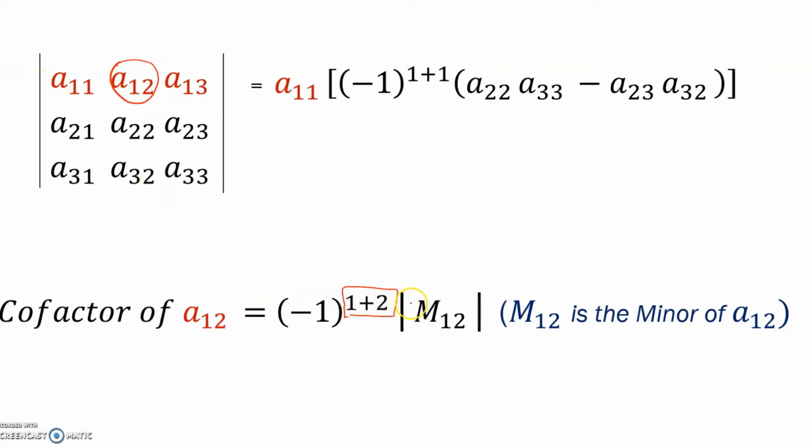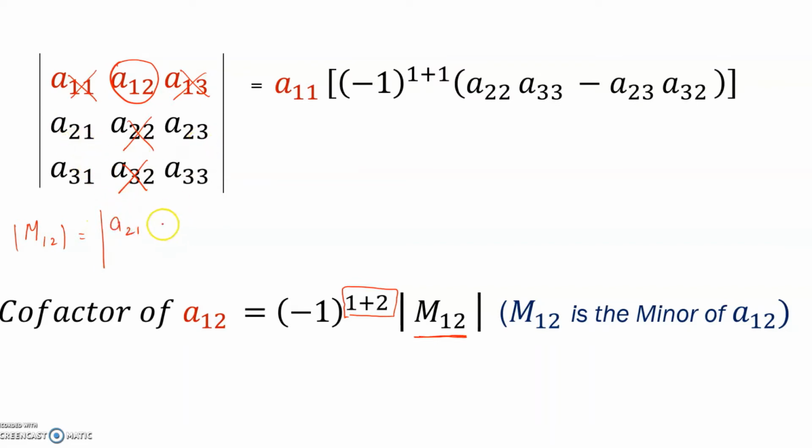Then the determinant of the minor matrix, which is M12. Follow the same principle to find the minor: eliminate all the elements which are in the same row and the same column.